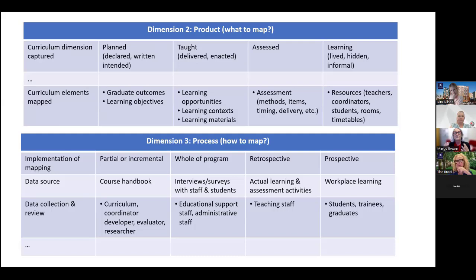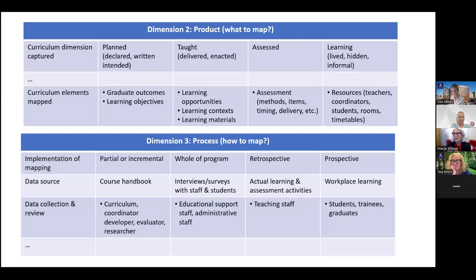You can think about the product. So what do we want to map? And I really love this curriculum dimension way of thinking. Do you want to map out what's actually been declared, what's planned or written down? Do you want to map out what's actually taught and delivered to the students?